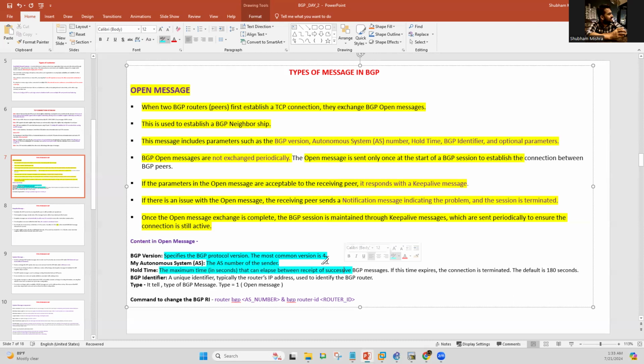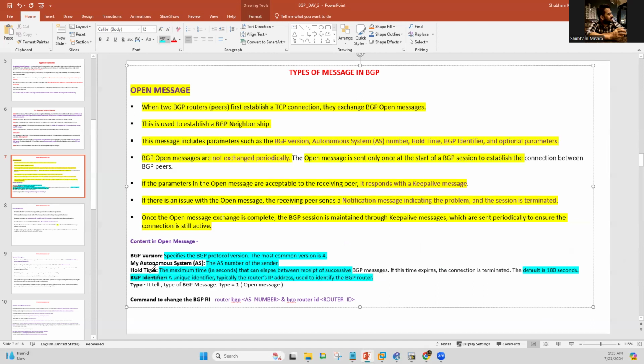If the router does not receive the keepalive message until the hold time, then the router will decide to break the neighborship. The default hold time is 180 seconds. Now, what is the BGP identifier? The BGP identifier is the router ID.